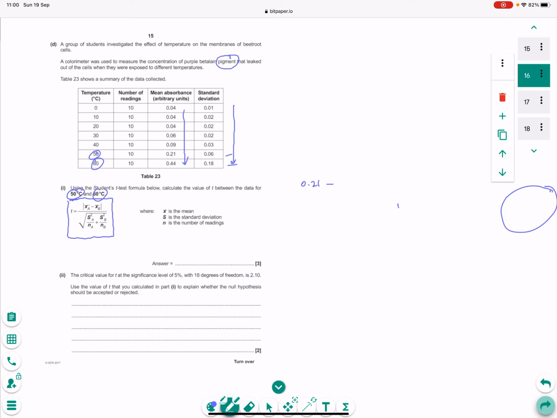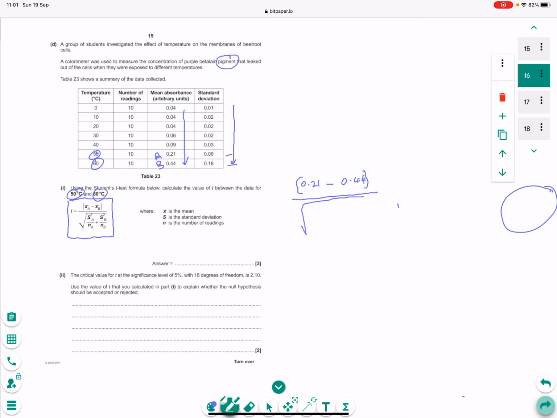And then it says minus the mean for B. It's B here. A before B, except after. No, just always before B. Minus 0.44. They put it in brackets.